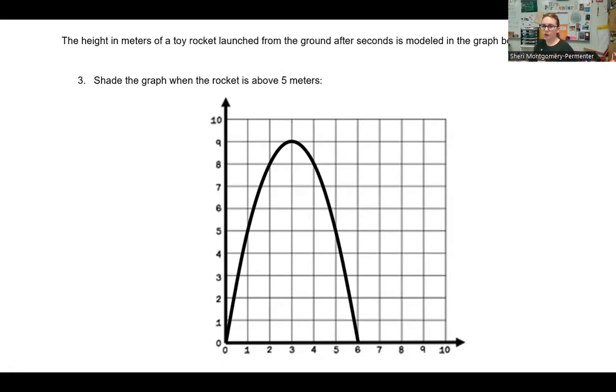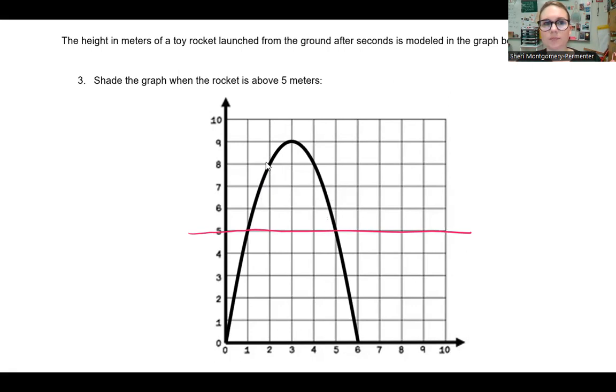This one says shade the graph when the rocket is above 5 meters. Okay, well, I'm going to go find 5. And I'm going to make a line. Okay, so there's a line at 5. So, does everybody agree that this is where the graph is above?